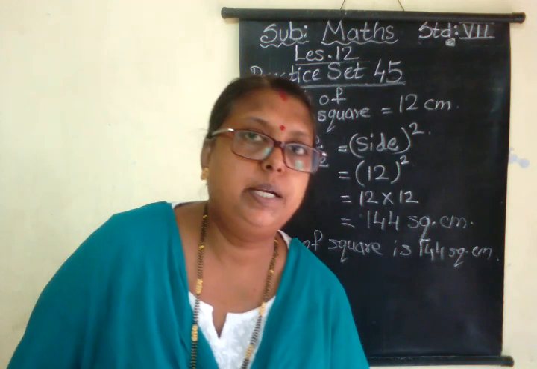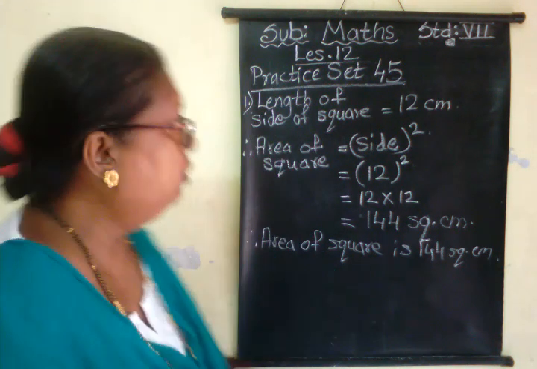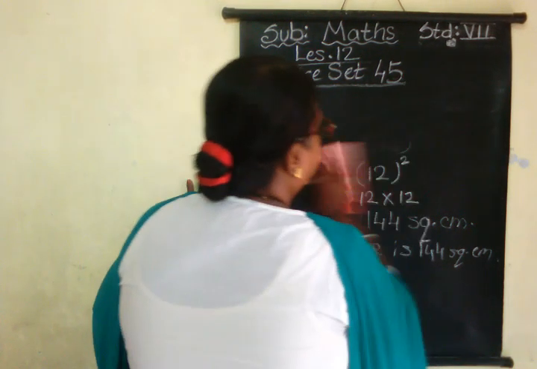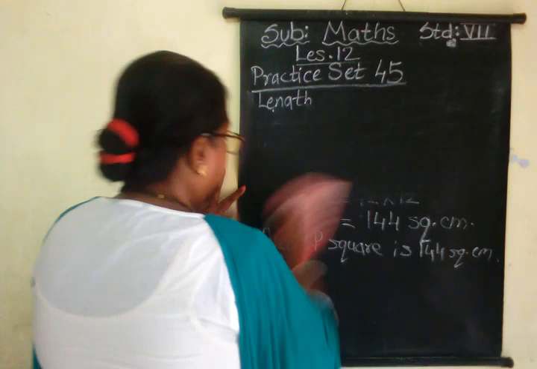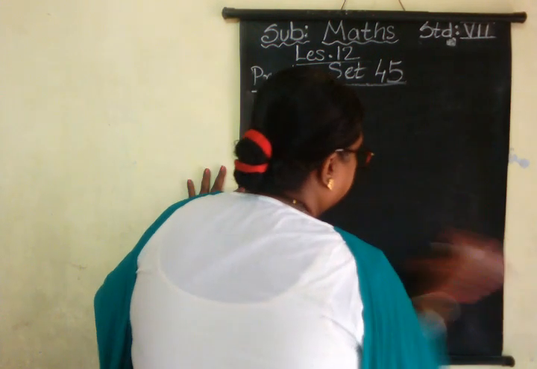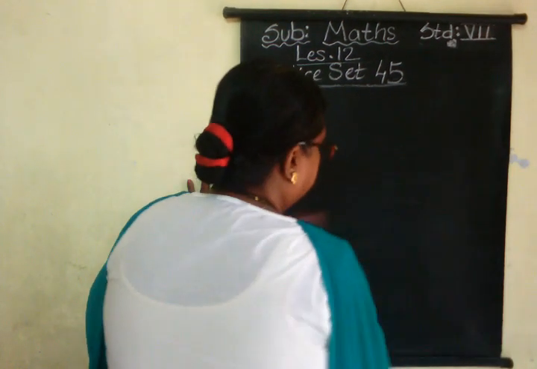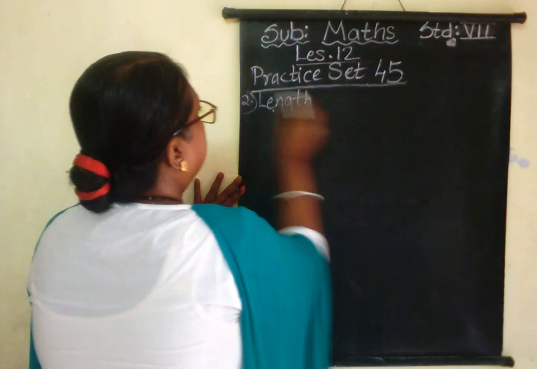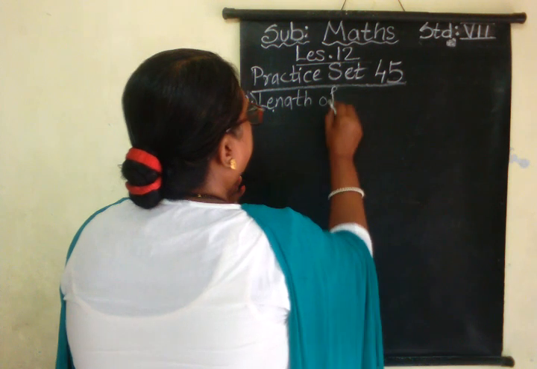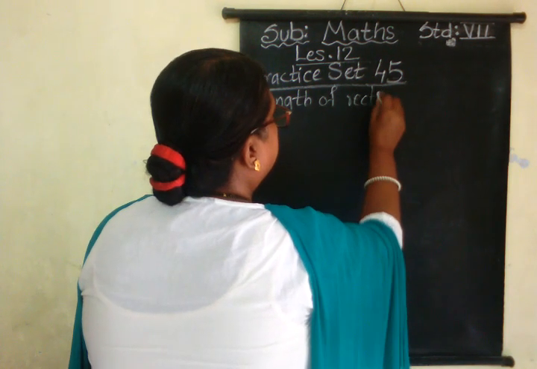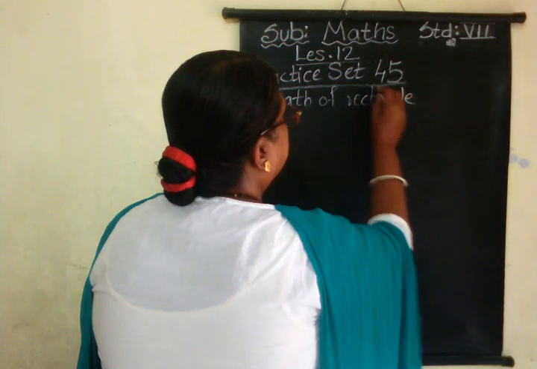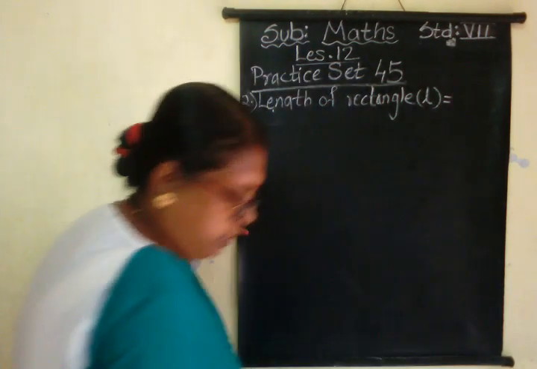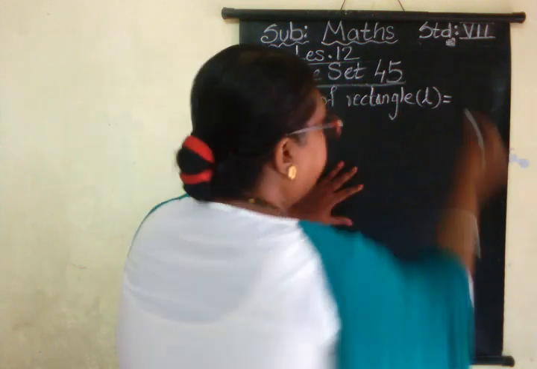The formula to calculate area of rectangle is L into B. Second sum, length of rectangle L equals, how much is given? 15 centimeter.